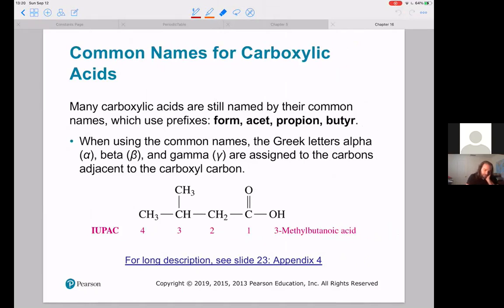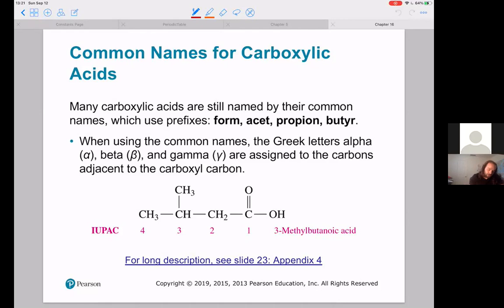In terms of the common names, it's maybe worth noting, although as with all of our other functional groups before, I'm really going to stress the IUPAC name. I do want to just bring this up in case you see it on the ACS exam, God forbid. I'm hoping that if we have our IUPAC names down, we're going to be good.